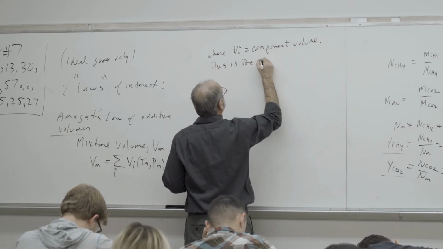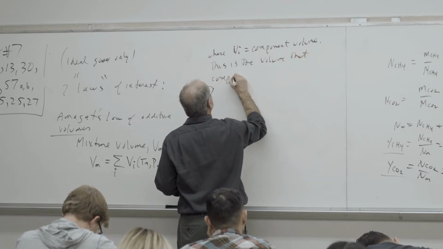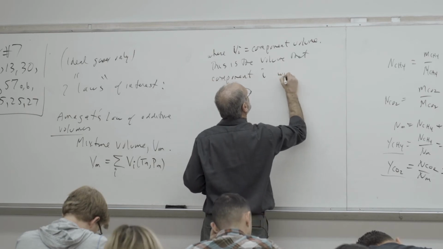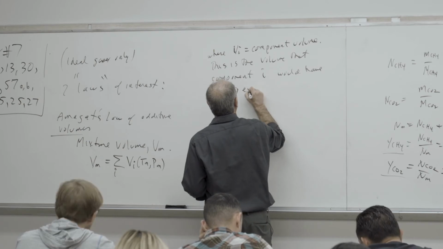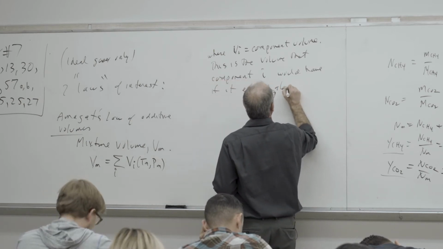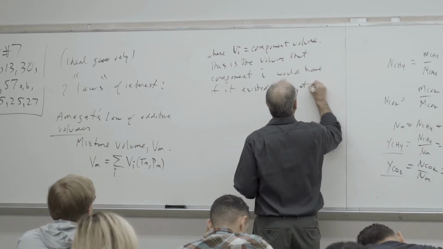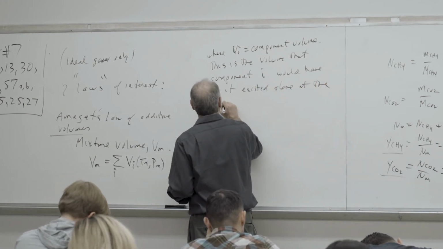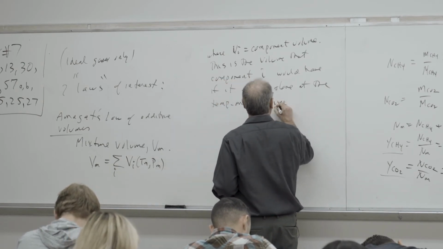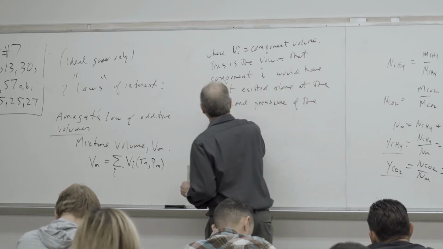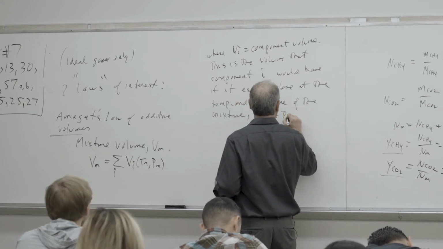Basically, this is the volume that component i would have if it existed alone, again, not as a mixture, but as if it existed alone at the temperature and pressure of the mixture, Tm and Pm.